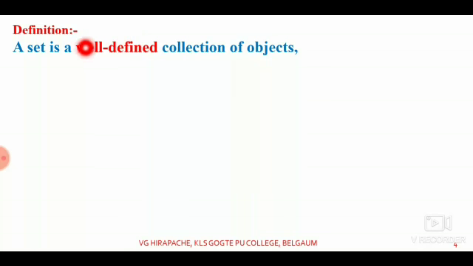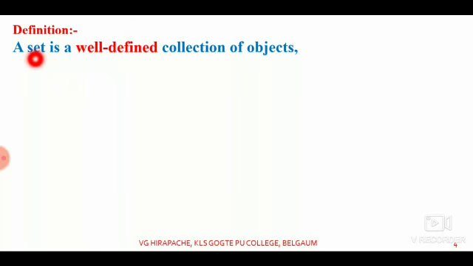Dear students, while writing the definition of a set, you should write the word well-defined. The meaning of well-defined is that the particular set satisfies one particular order. Then only the elements are called the members of a set.